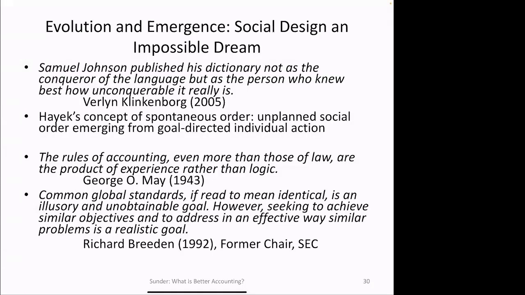So now the other aspect of this is evolution and emergence, where intelligent design might be seen as an impossible dream. I just have a few quotations here. Samuel Johnson published his dictionary not as a conqueror of language, but as the person who knew how unconquerable it really is. And there's Hayek's concept of a spontaneous order, which I mentioned earlier, emerging from goal-directed individual action.